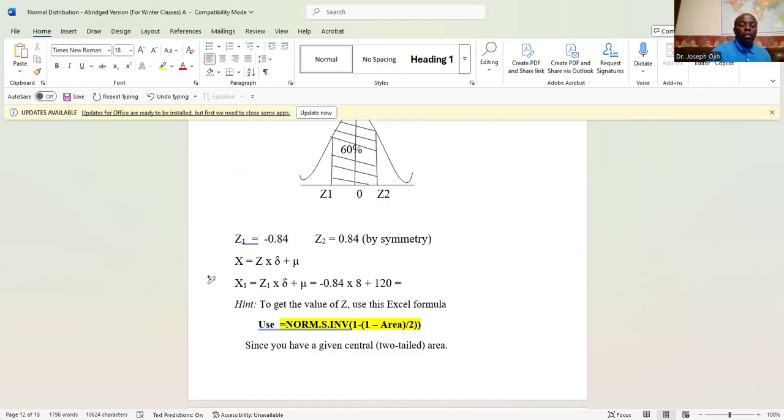Let me write this down so we can calculate it. So I got X1 equals negative 0.84 times 8 plus 120.